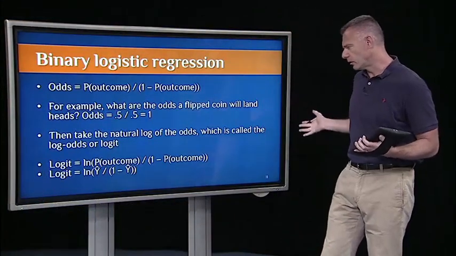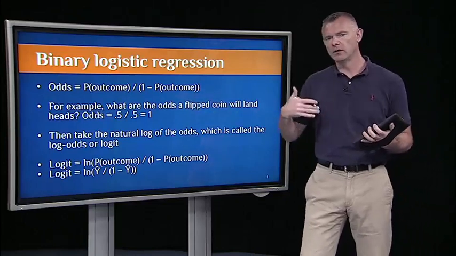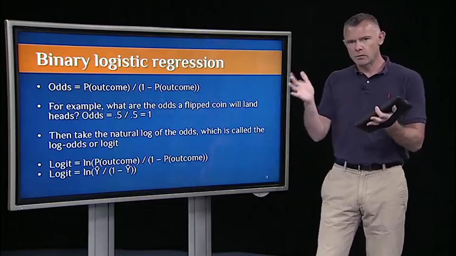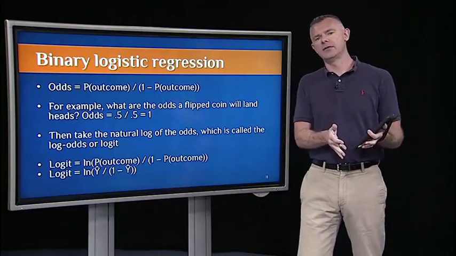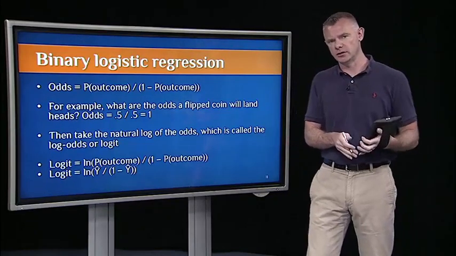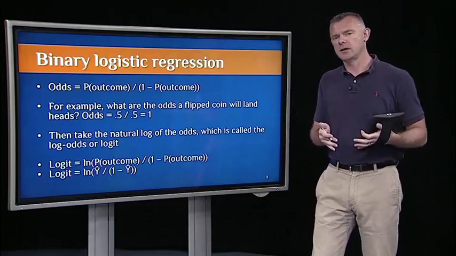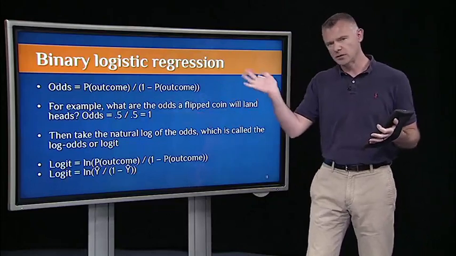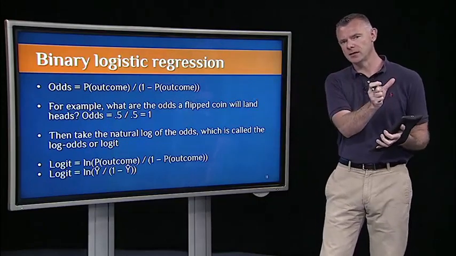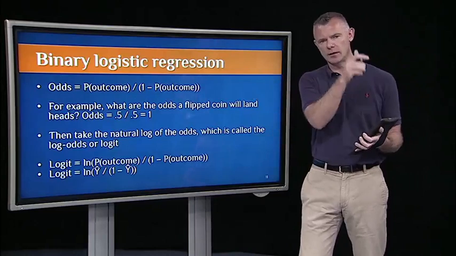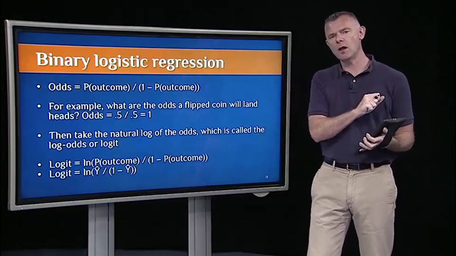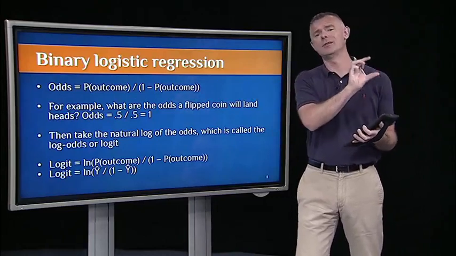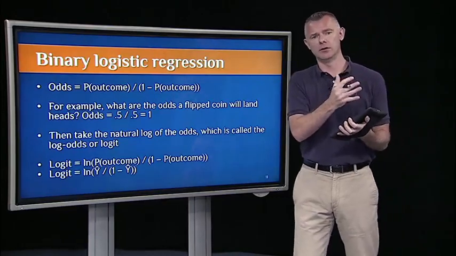If we take the natural log of the odds, that's called the log odds or logit. And the logit is what you see on the left-hand side of the equation in binary logistic regression. That allows us to use this set of predictors that are continuous or categorical, and it guarantees us a predicted score that's going to fall between 0 and 1, which is exactly what we need since our outcome measure can only take on a value of 0 and 1.